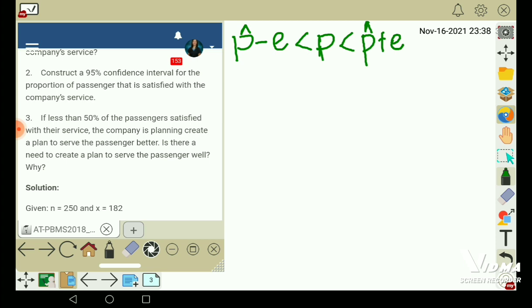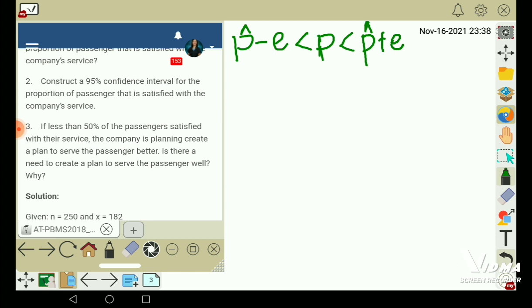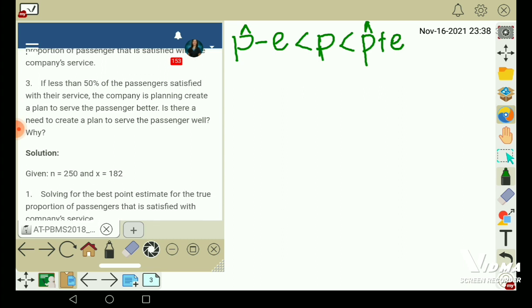And third, if less than 50% of the passengers are satisfied with their service, the company is planning to create a plan to serve passengers better. Is there a need to create a plan to serve the passengers well? Why?